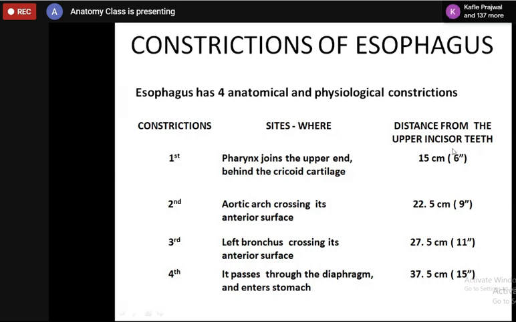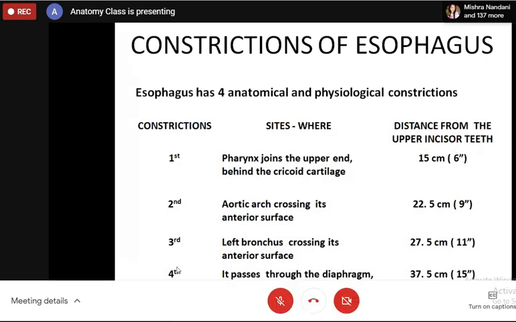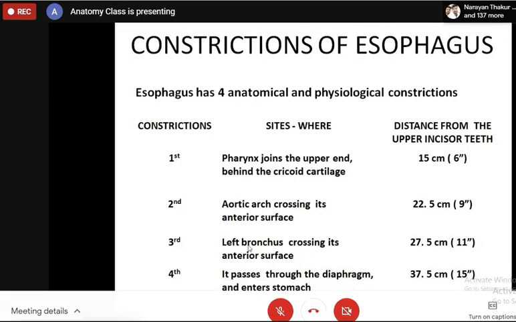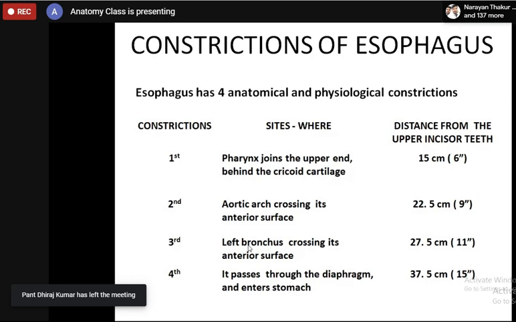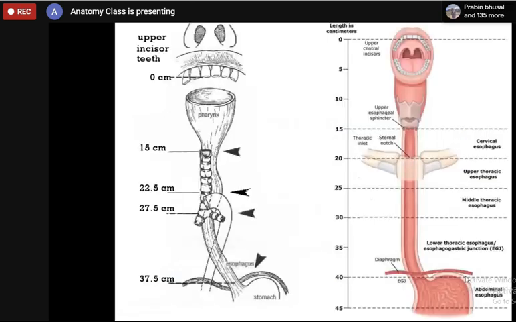Then the second constriction is the one we have studied, the aortic arch and left bronchus constriction. And the fourth one is when it passes through the diaphragm to enter the abdominal cavity, measuring about 15 inch from the upper incisor teeth.